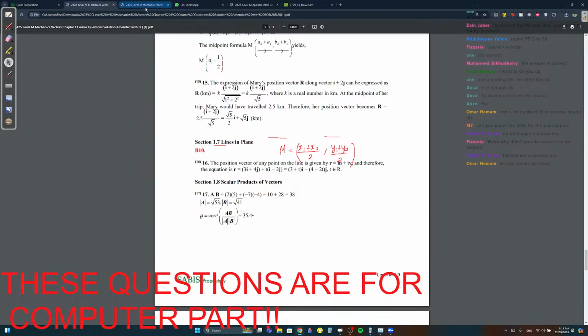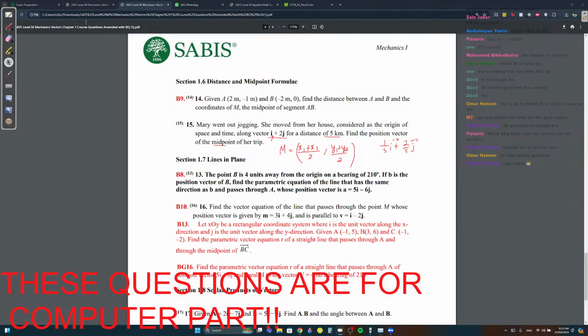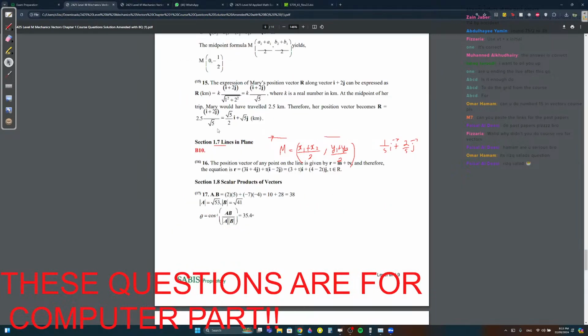The unit vector, right? You find the unit vector here, it's going to be 1 over root 5 I plus 2 over root 5 j. Then multiply by 2.5, hold up, 2.5 over 5 is, wait, 2.5 I plus 2j, root 5 over 2.